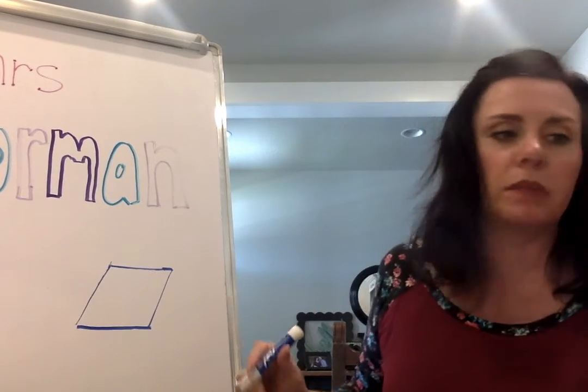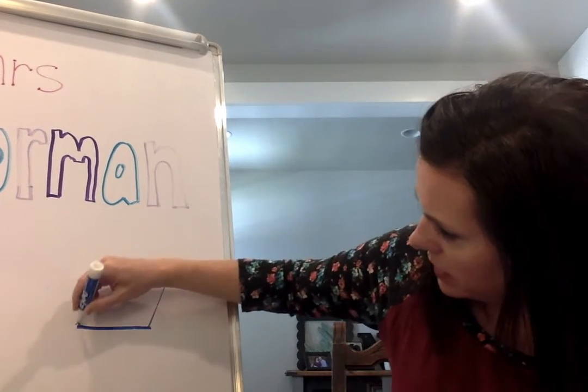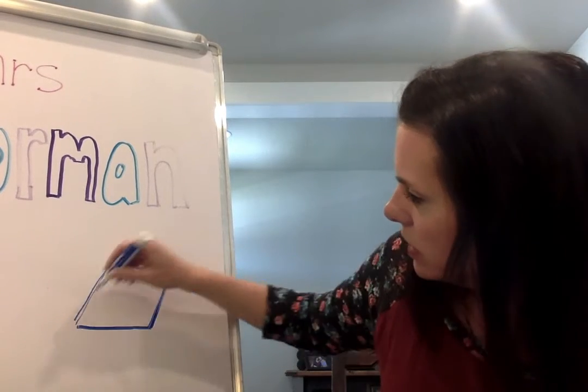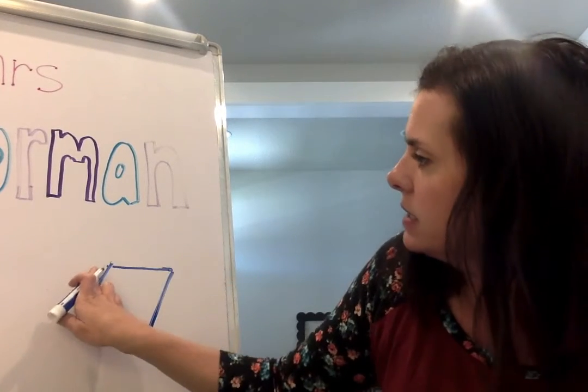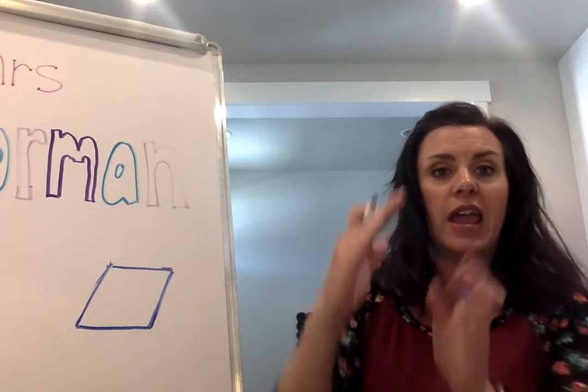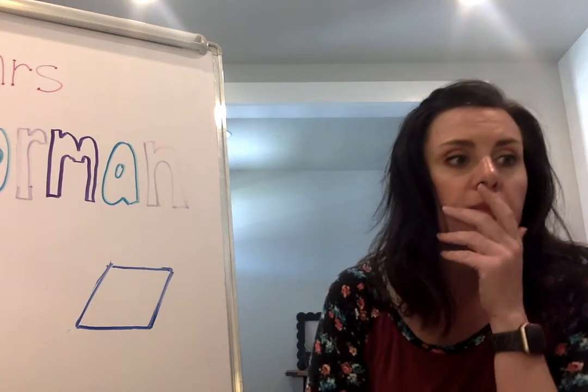Okay, that's my rhombus today. Ooh, but I didn't do a very good job, because all of the sides are congruent. So these ones look a little bit longer. But it's like a square. It's like a square at an angle, right? It's just been turned a little bit.